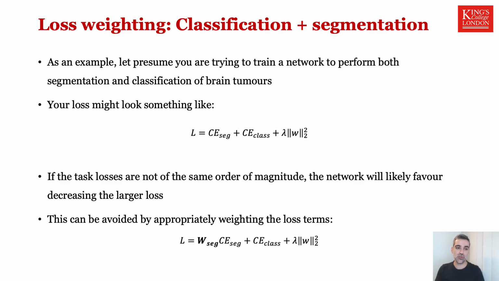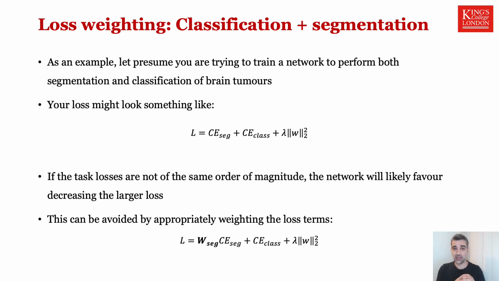If you're trying to do this, the order of magnitude of the cross-entropy for segmentation or cross-entropy for classification might be very different. So they might just have different numerical values. One of them might be around 2 or 3, for example. The other one might be around 1 or 0.5. And that might look small, but it does mean that every single time you make an update on the system, the gradients coming from one of the losses will be 2 or 3 times or 4 times bigger than the gradients coming from another one of the losses.